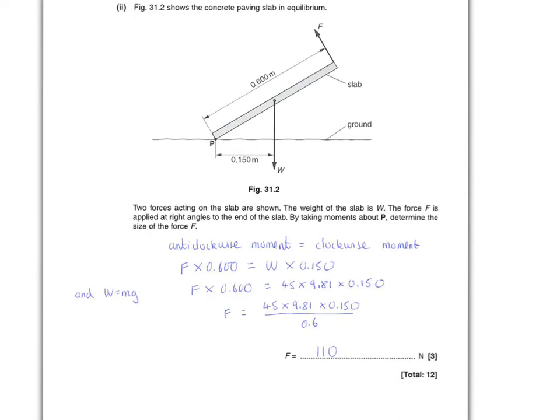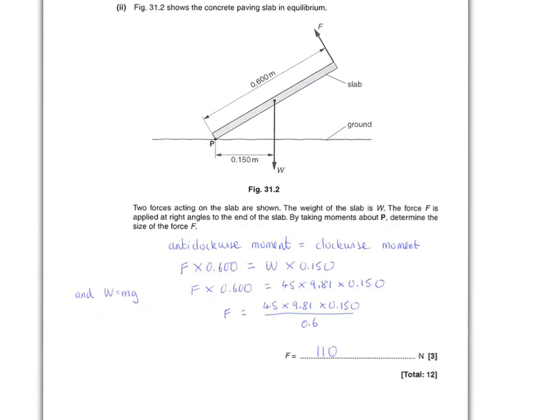So in the anti-clockwise direction, we have the unknown force F times the distance 0.6. In the clockwise direction, we have the weight times the distance of 0.15. On the next line of the solution, we need to substitute in a value for the weight.